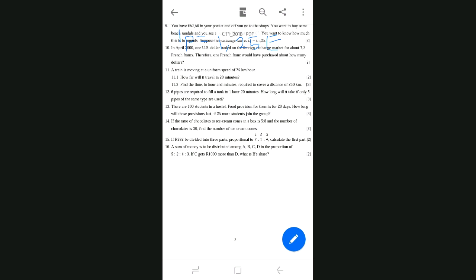That means that now 1 euro will be equals to 1 divided by 1.25 pounds.